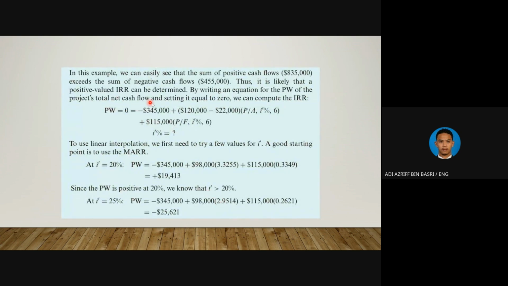For example, for this cash flow, the positive sum of cash flow is 835, which exceeds the sum of negative cash flow of 455. Thus the positive IRR can be determined.